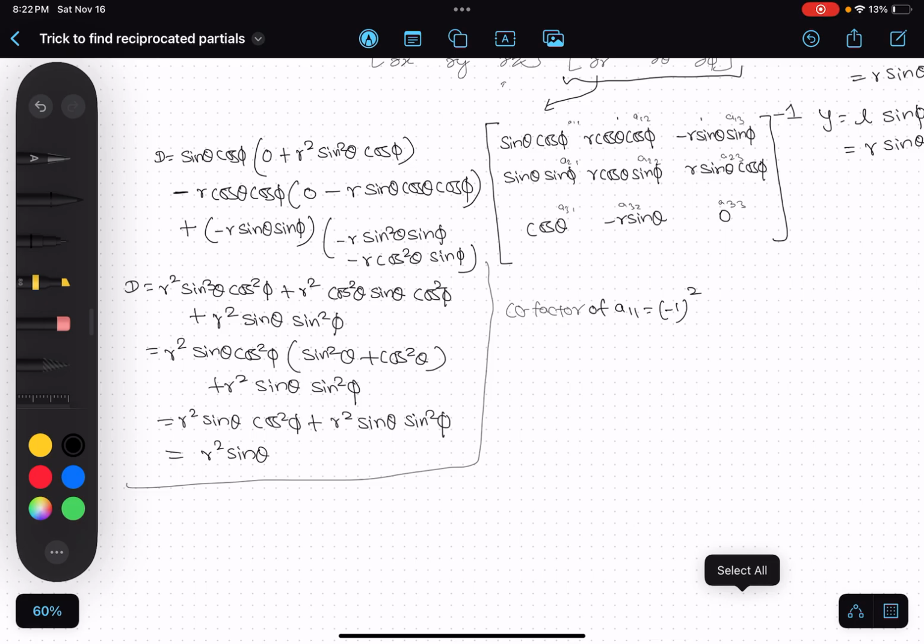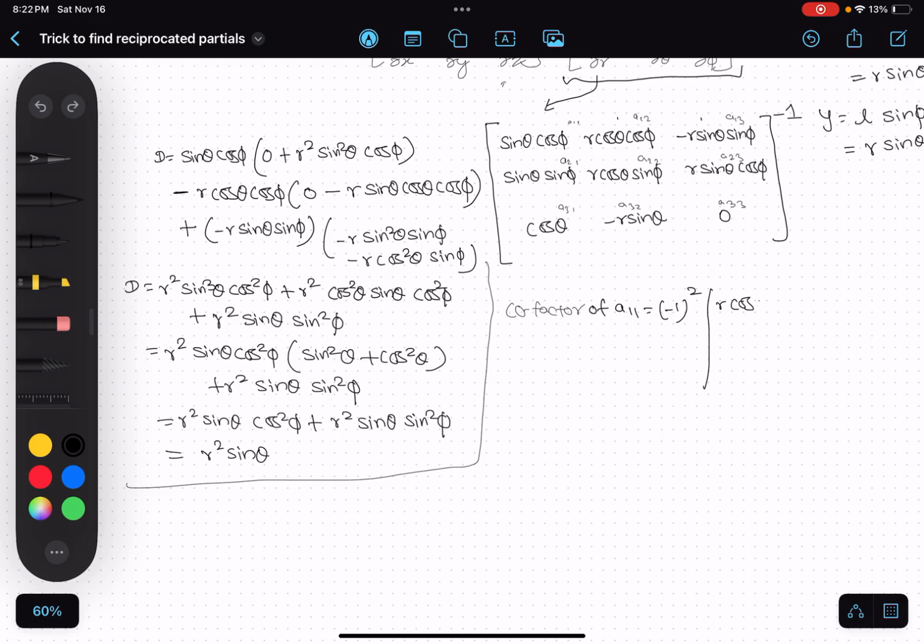Now after this, for the cofactor, find the determinant of the other terms. I mean these ones. What you need to do is just ignore the row and column that it's in, and find the determinant of all the remaining elements. Okay, that's how we do it.